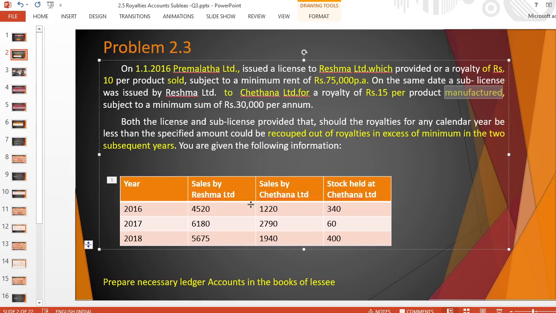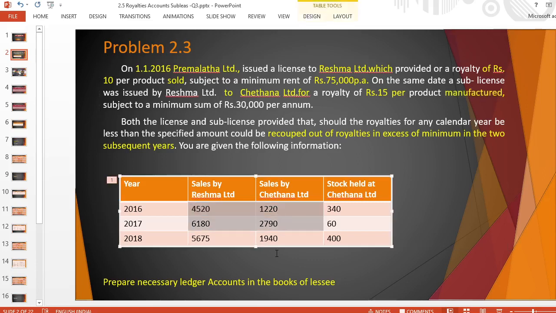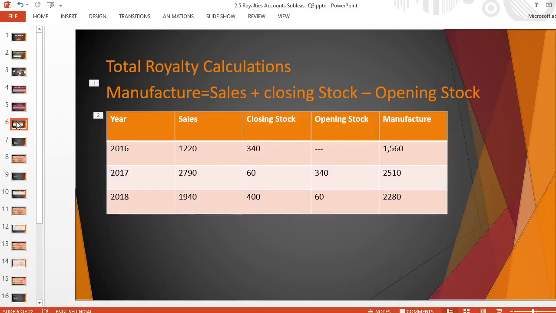For the main lease, there are no changes, so directly we can take the total of sales of lessee and sublessee. But in case of sublease, it's based on the manufacture, so for that reason we should apply the formula of manufacture or production units: manufacture equals sales plus closing stock minus opening stock.